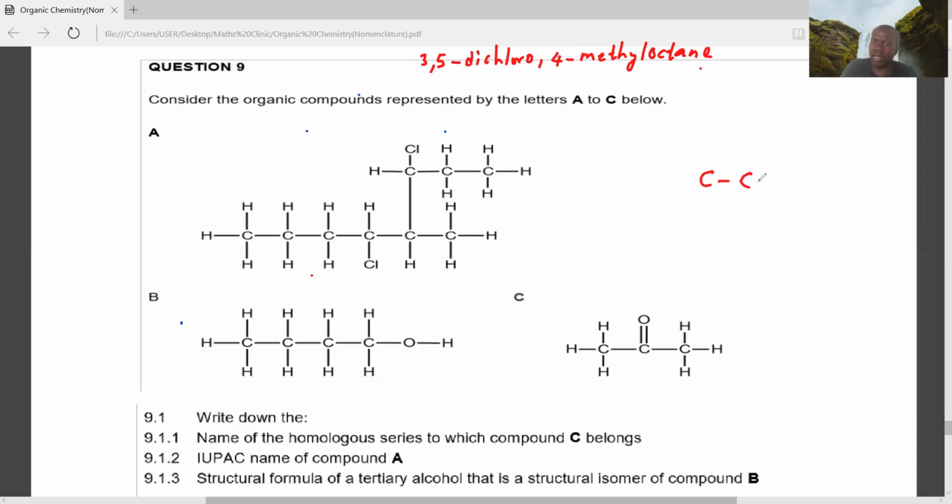The carbon attached to the OH, or the hydroxyl group, must be bonded to 3 carbons if it's tertiary. So in terms of the structural formula, we must have the same molecular formula, but a different structural formula.